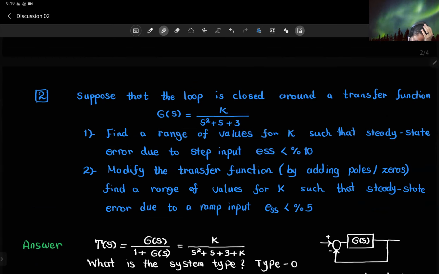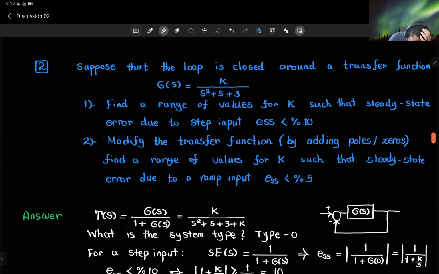Then next, we want to modify this transfer function, either by adding poles or zeros, such that we find a range of values for K, such that the steady state error due to a ramp input is less than 5%, okay?